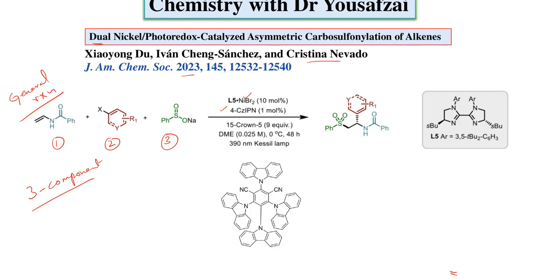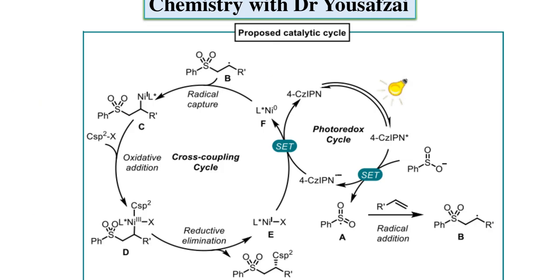By reacting these three different components, sulfone will be the final product, and this sulfone is produced at the ratio of 99:1.